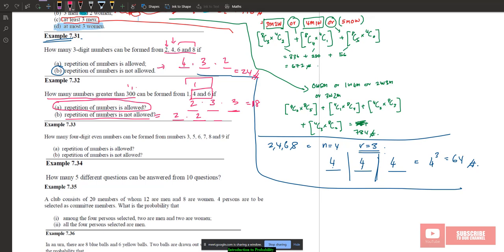When you already pick 2 digits, 4 and 6 for example, you only have 1 digit left. So this is 2 multiplied by 2 multiplied by 1, equal to 4. So you have 4 possible outcomes to form a number greater than 300 from 1, 4 and 6 if repetition is not allowed.